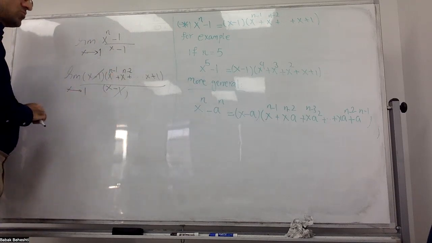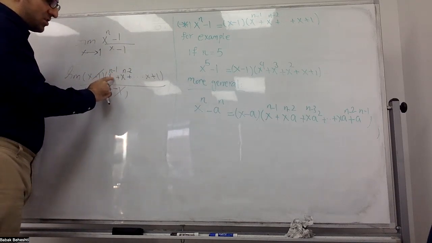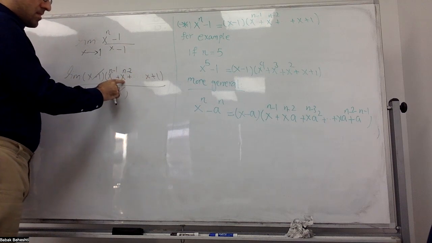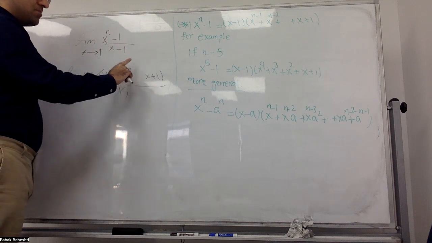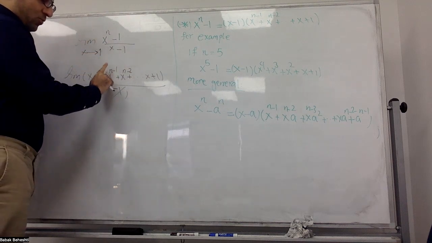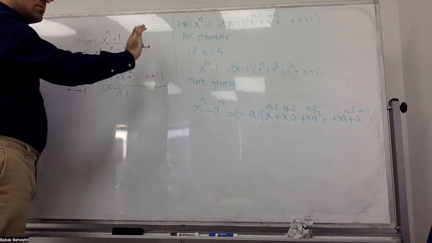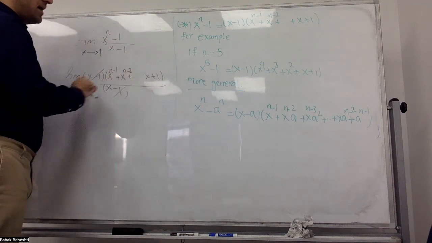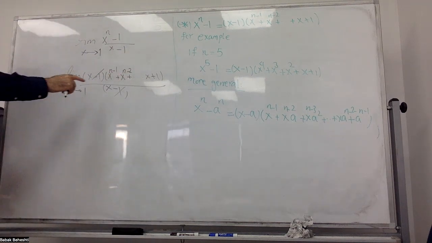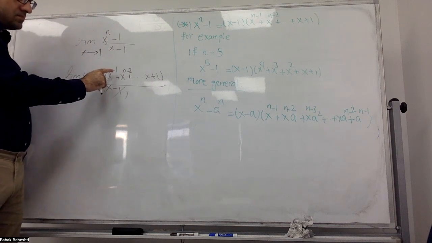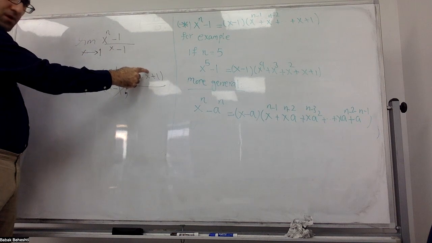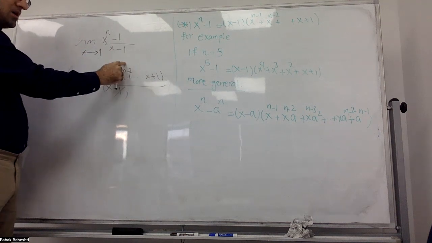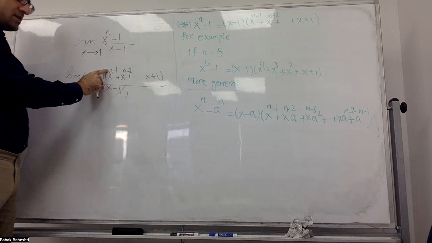Now here you have x to the power n minus 1, x to the power n minus 2, and so on. But when x goes to 1, each of these terms is equal to 1, because 1 to any power is just 1. So you have 1 plus 1 plus 1 plus 1. How many terms do you have on the top? So here you can count: this is x to the power 1, x to the power 2, x to the power 3, up to x to the power n minus 1.